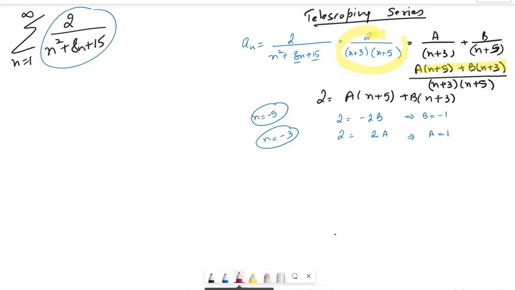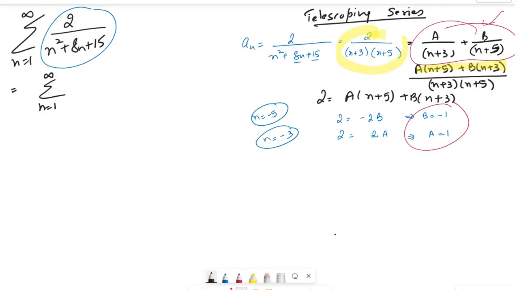So using our expression of the general term and the A and B values, our given series can be written as 1 divided by n plus 3, because A is 1, minus 1 divided by n plus 5.